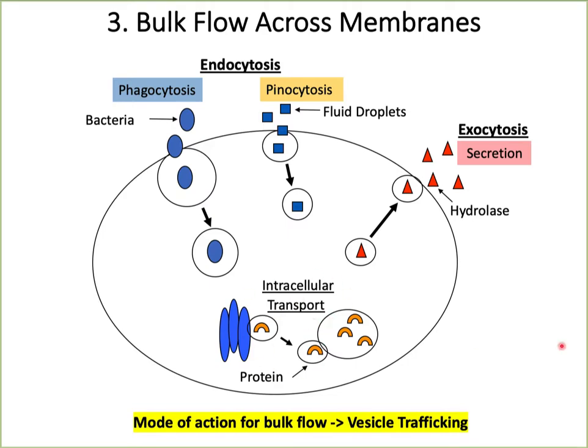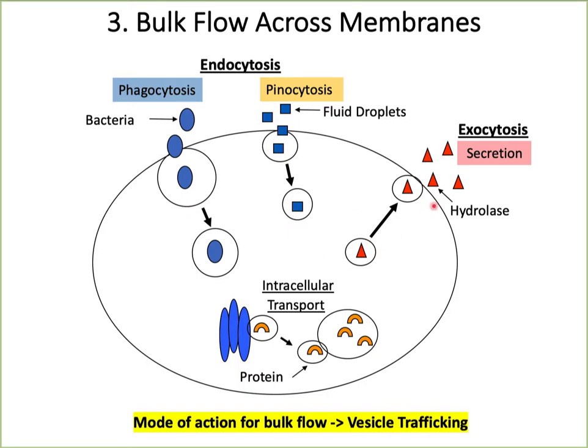So all bulk flow is mediated by vesicle budding and fusion. So vesicles will bud from one membrane, move to the other membrane, fuse with that membrane, and release their content. This is true for phagocytosis and pinocytosis, where the vesicles bud from the plasma membrane and move into the cell.